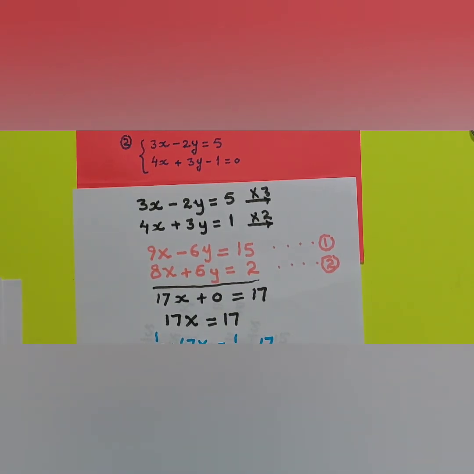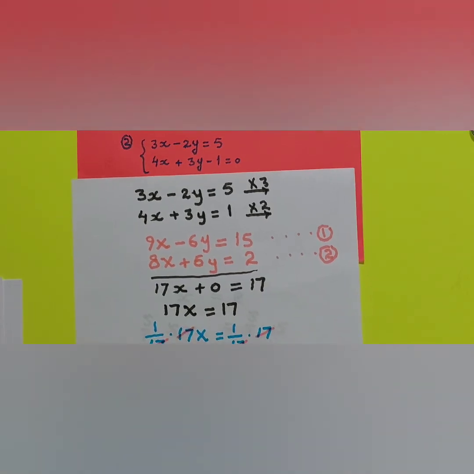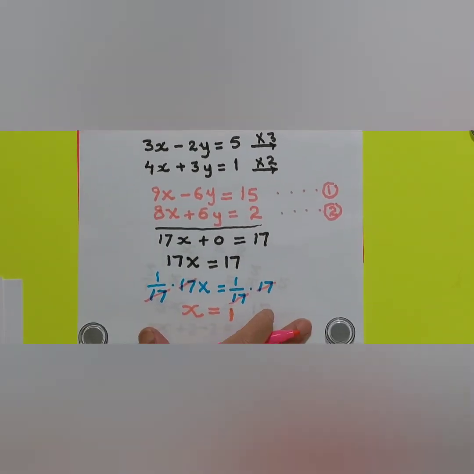As we make division by 17 on both sides of the equation, here we can cancel this 17 with this 17, and we got only x is equal. Also here, cancel those together, we got only 1. So x is equal to 1.